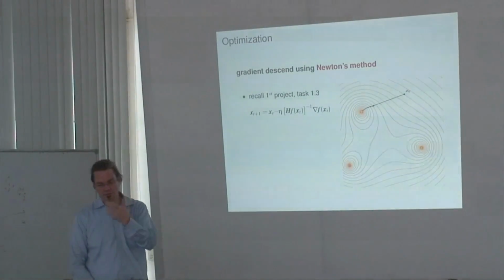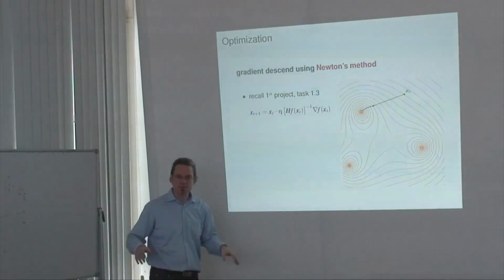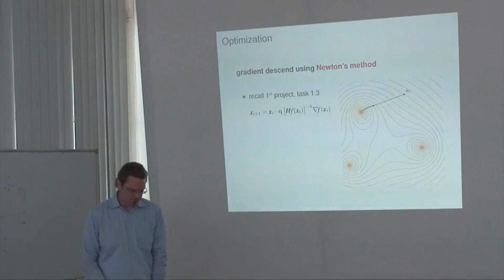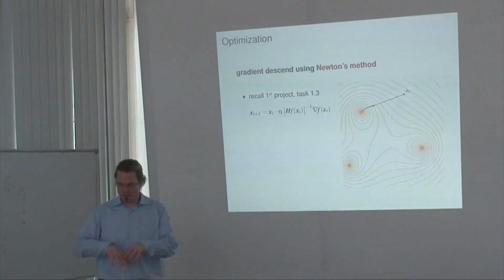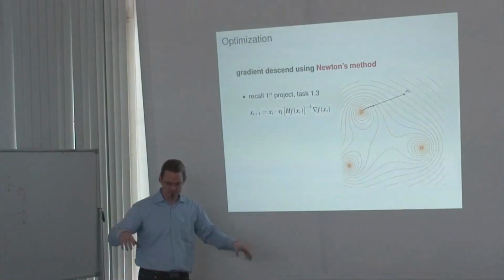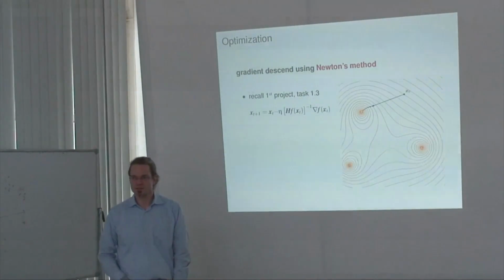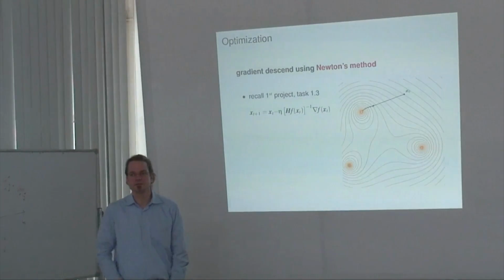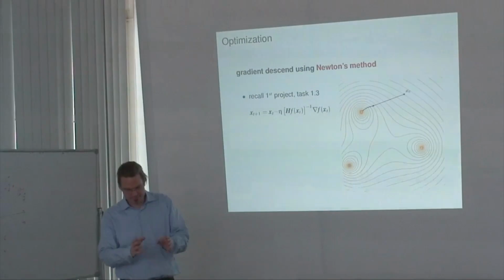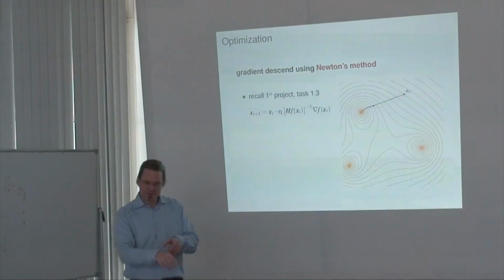Why does that work? You remember in the last semester when we talked about curvature of surfaces, Gaussian curvature, mean curvature, these kind of things. The Hessian is, in a certain sense, a measure of how bent the surface in our environment is. And the gradient says, I want to go there, and the curvature says, but steepest bend, not steepest slope, steepest bend is this way.